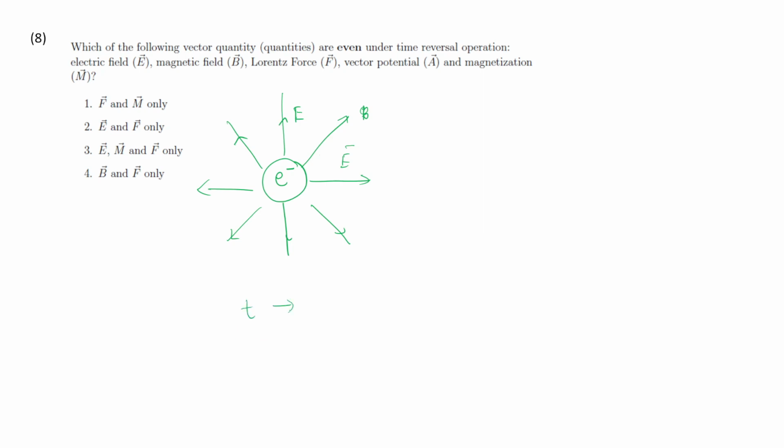If you take t to minus t, the field will still be E, because if you scan on the positive time axis and on the negative time axis, you just see that the electron is stationary and the field is also stationary. So E is actually even under time reversal.